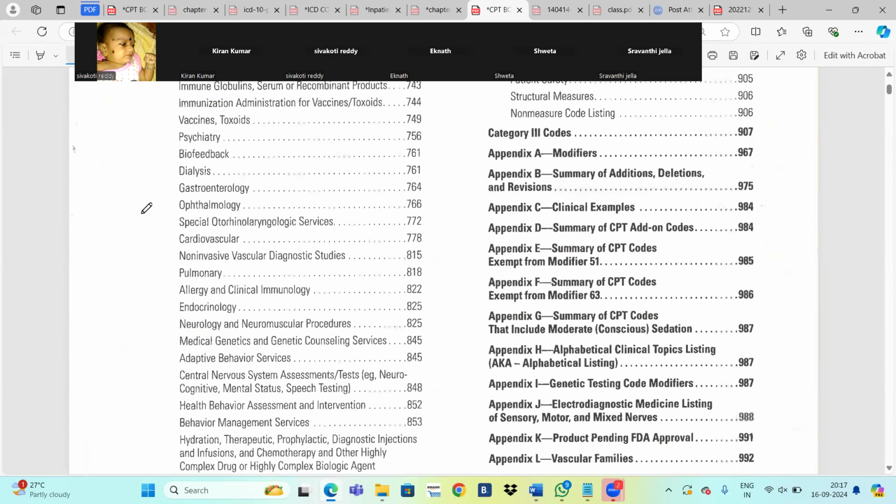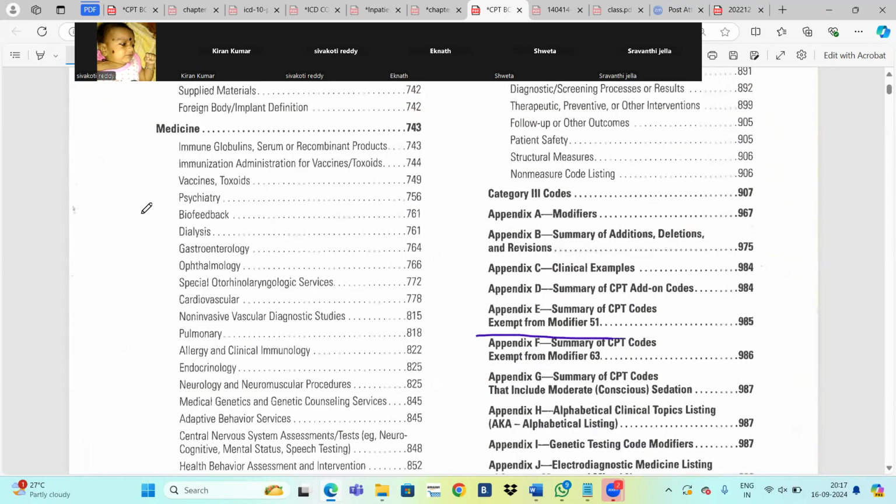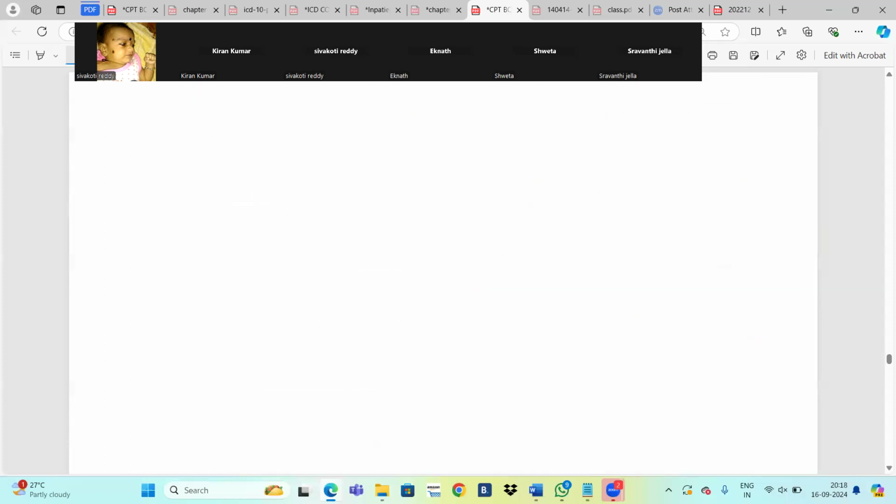Come to appendix E, the summary of CPT codes exempt from modifier 51. You will get the CPT codes here. For these CPT codes, you never use 51. Clear? Also, if you find that symbol beside a code or in the notes, you never use the 51 modifier for that CPT code.